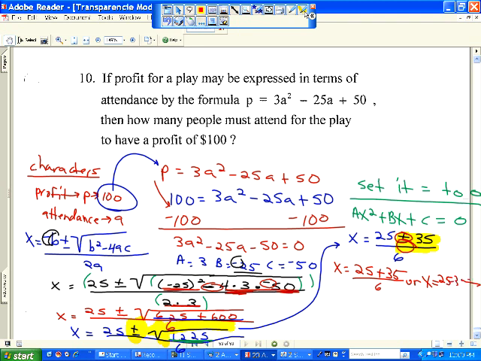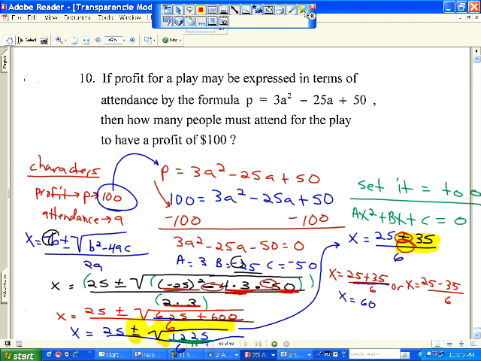Getting kind of crowded here. I'm going to have to move it. Sorry. And so we've got x is equal to 25 plus the 35 over 6, or x equal 25 minus the 35 over 6. And we solve each one, so we're going to do 25 plus 35 is 60.